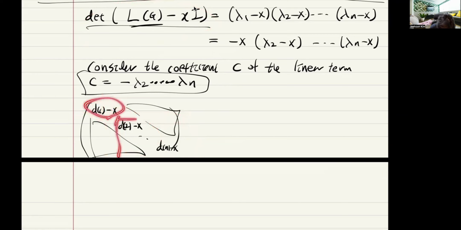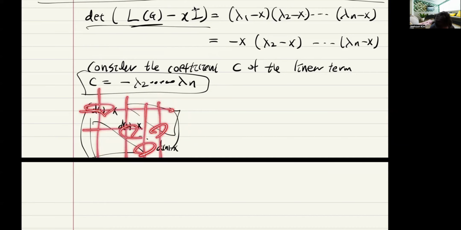So you take this, and then, okay, let me say it again. You take all the possible permutations, so that you choose the entries which contain exactly one from each row and exactly one from each column, and you compute the, okay, give me a moment.